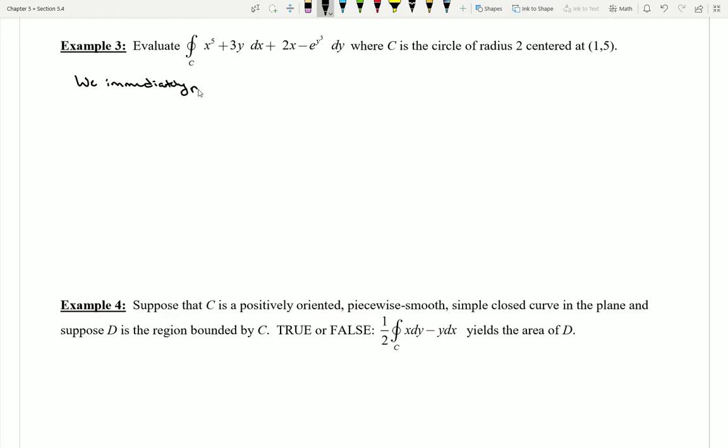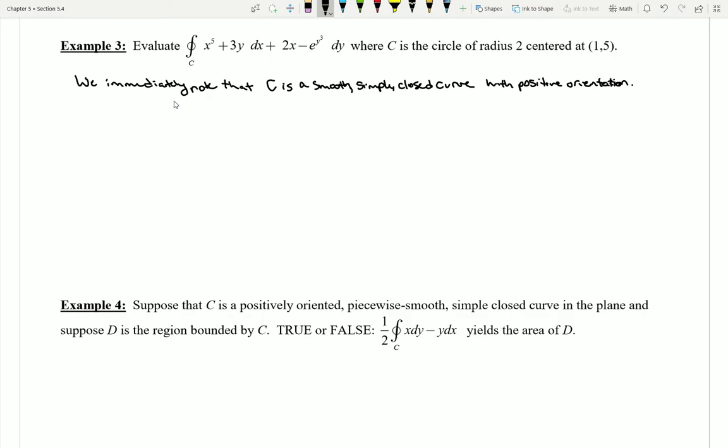We immediately note that C is a smooth, simple, closed curve with positive orientation. Right? So I already have that.